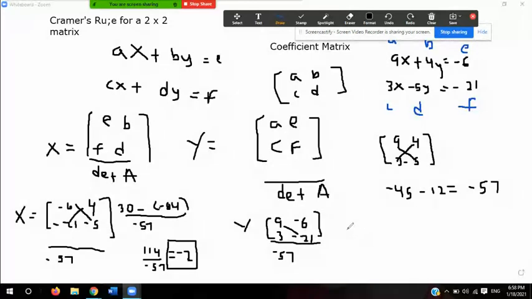So this is negative 189. And 3 times negative 6 is negative 18. So minus 18, divided by negative 57.